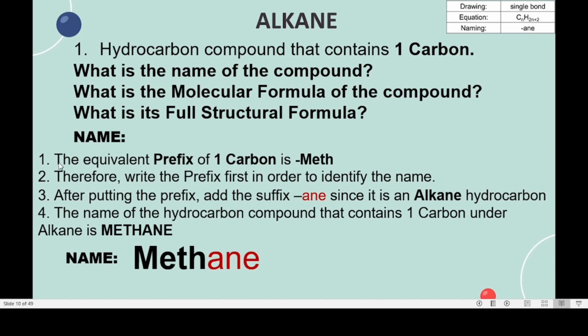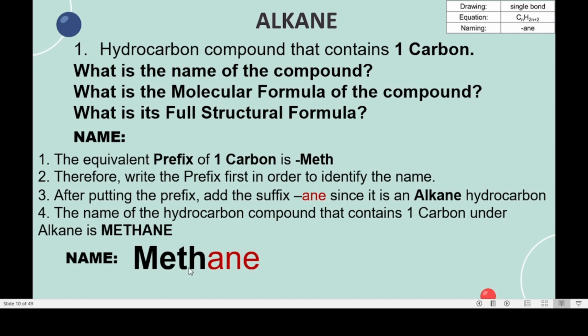In order for you to identify the name of the compound, you must first get the number of carbons present in the given compound. If you read it again, hydrocarbon compounds that contain one carbon. So the hint here is one carbon. After getting the number of carbons, you must get the equivalent prefix. The equivalent prefix of one carbon is meth.